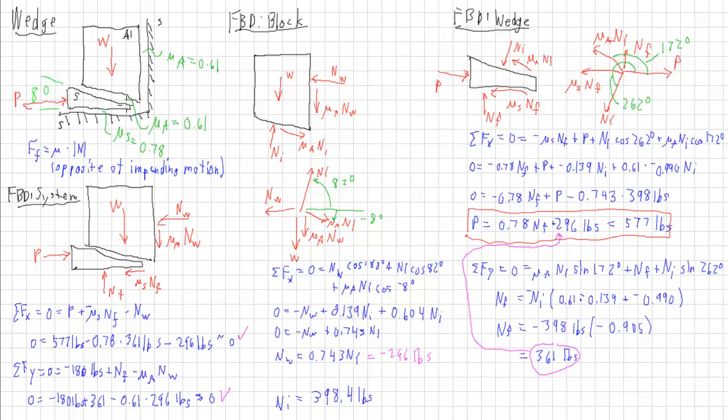The wedge has an angle of 8 degrees, and we have different coefficients of friction at different surfaces, and we had to look that up. What we would hope in a situation like this is that the force to push it in is less than the force that it is driving up, so that we have a mechanical advantage greater than 1.